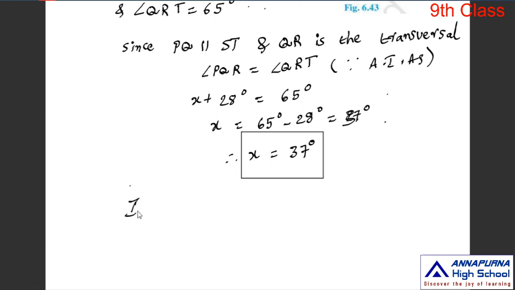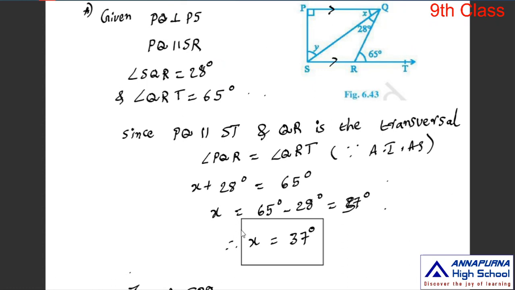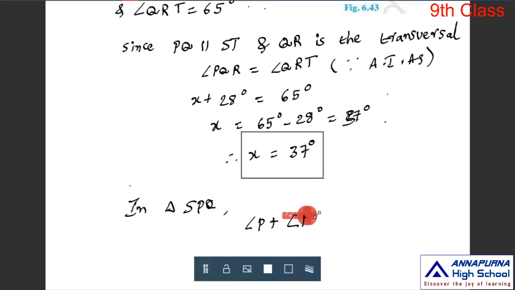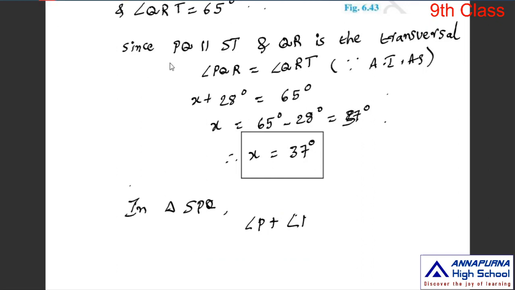In triangle SPQ, by using the angle sum property, angle P plus angle PSQ plus angle PQS is equal to 180 degrees.